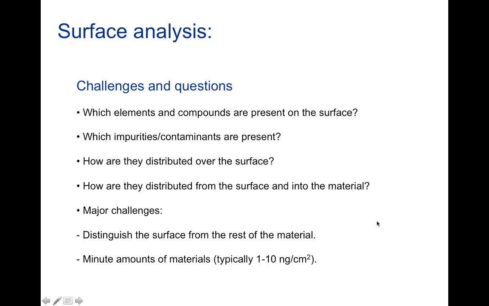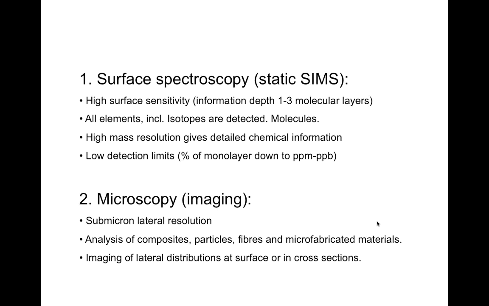So the major challenge is, of course, to see the difference between the surface and the rest of the material, and then we're looking at minute amounts of materials, very very small amounts. So it poses some questions. Are we really seeing something real or artifacts?